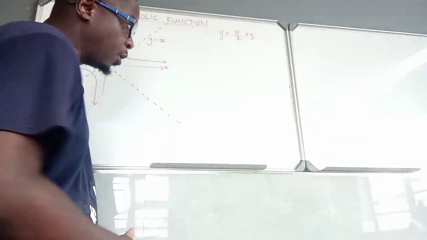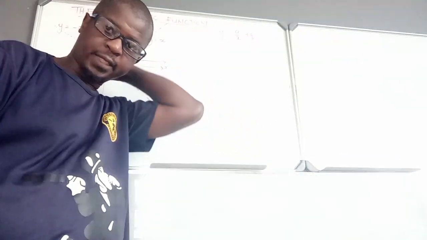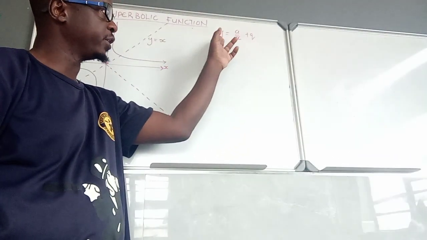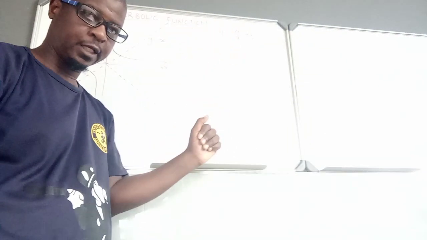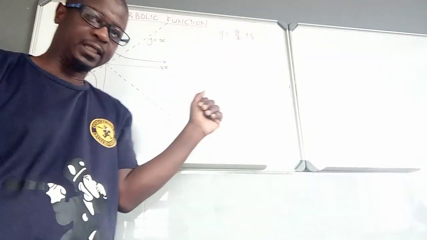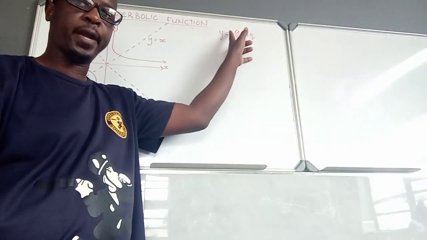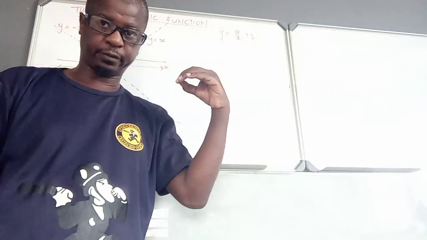Now, moving on from where we left, I would like to emphasize the general form of our equation for the hyperbolic function. The hyperbolic function is written in the form y is equal to a over x plus q.